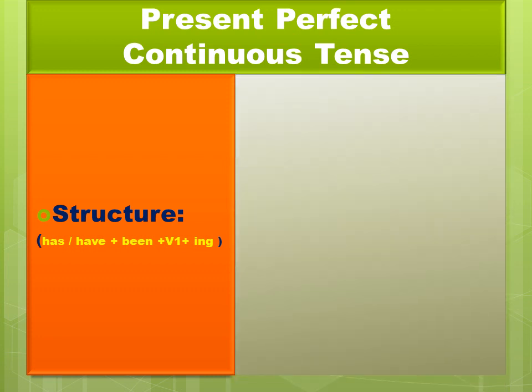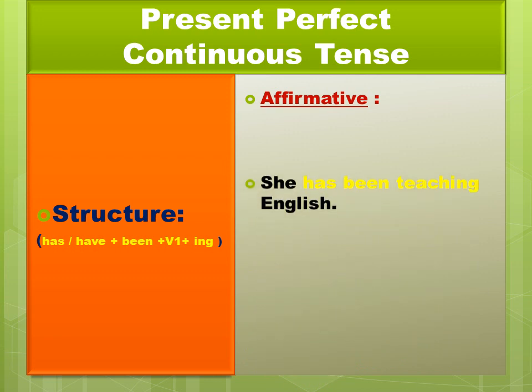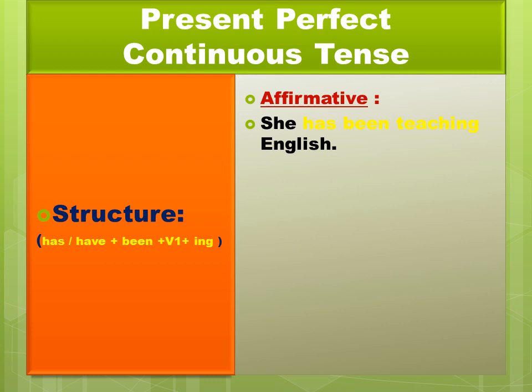Now let's learn how to frame an affirmative sentence. The first sentence is, she has been teaching English. Here with she we have used the auxiliary verb has. We need to see the subject verb agreement. The next thing is been teaching English.